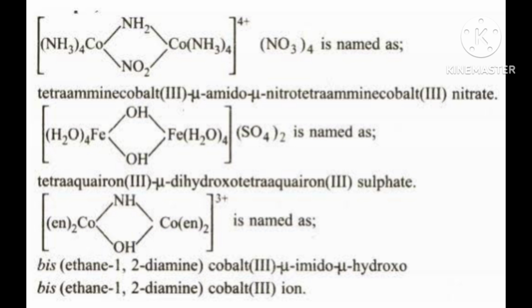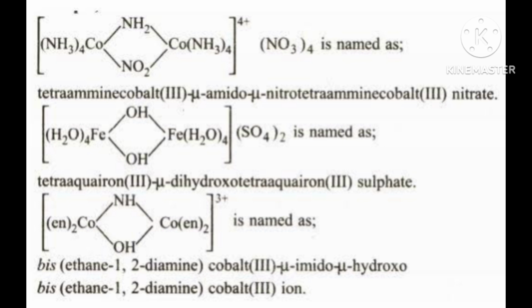2 chlorine is there, meaning 2 chloride ions are there, then you write dichloro. And for PPh3, 2 PPh3 is there. First understand that it is in 2 number.